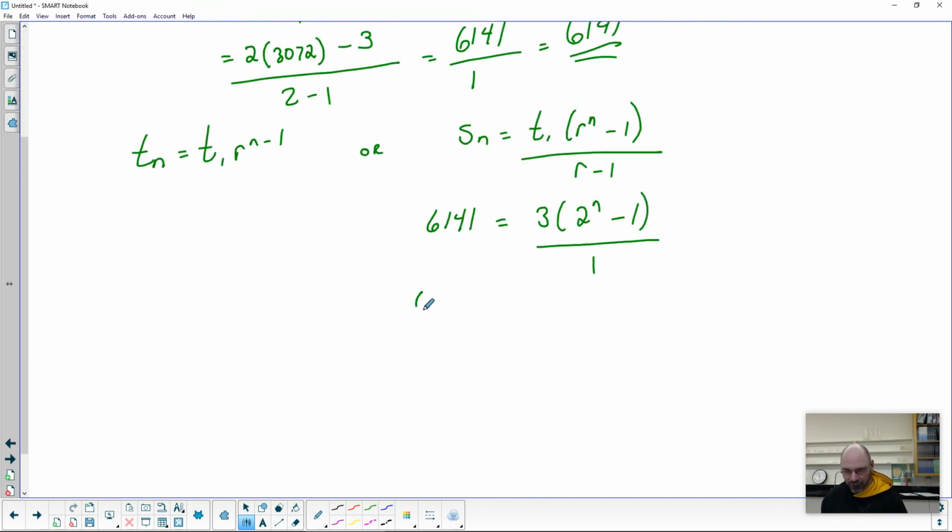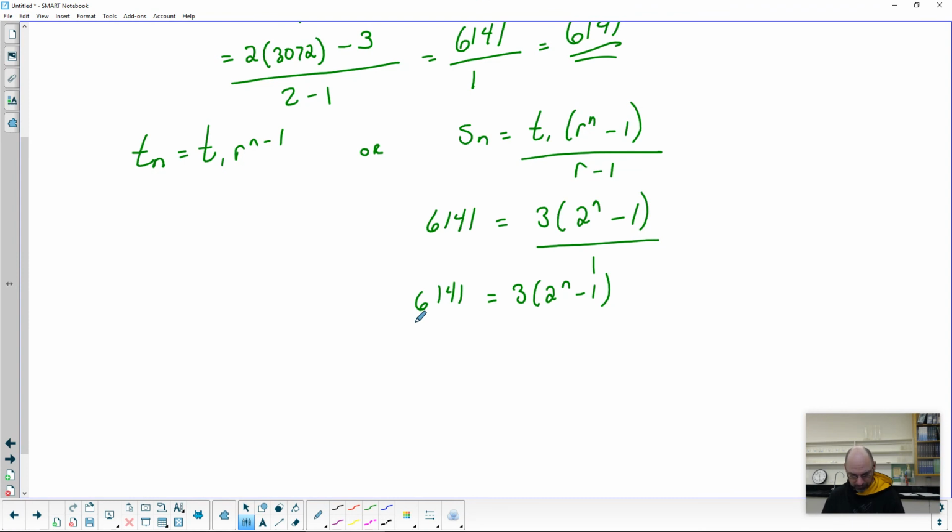We go 6141 equals 3 times 2 to the power of n minus 1. So in order to figure this one out, we're going to have to expand this, 3 times this and 3 times that, or we could just divide it by 3 and then calculate it out. So let's divide it by 3. If it does go evenly, it would be nice. Let's check it out.